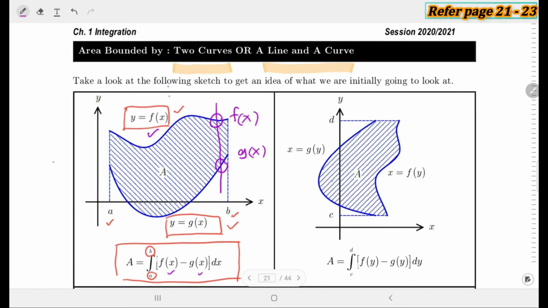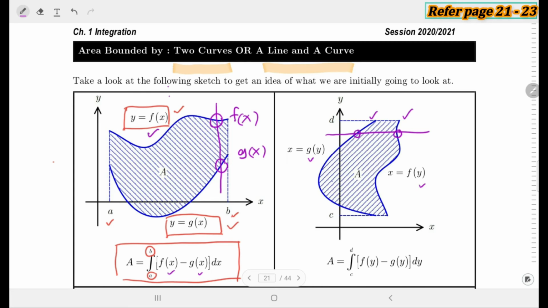So for the right side sketching, we do have also two curves. This is the first function and second function. For this case, we have to look at the function at the most right, and then which function is to the left side. So when I draw a horizontal line here, f(y) is at the most right and g(y) at the most left.